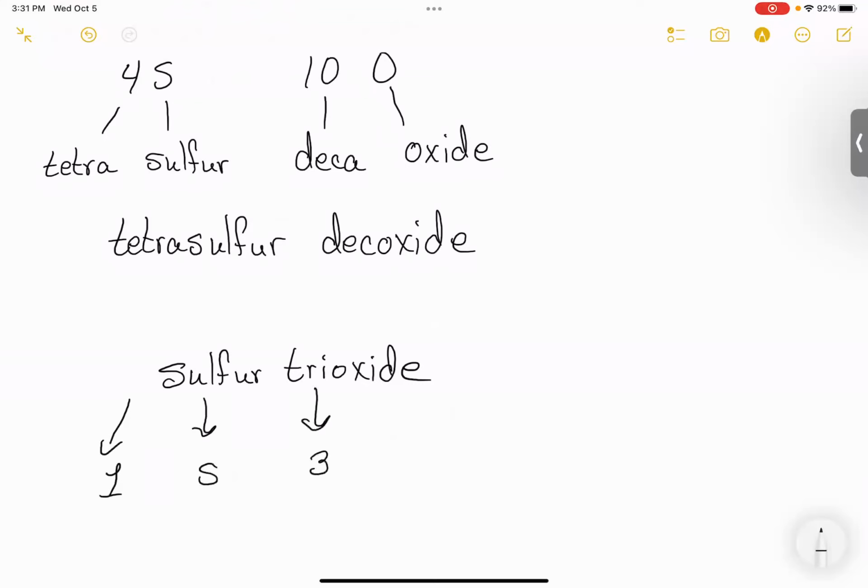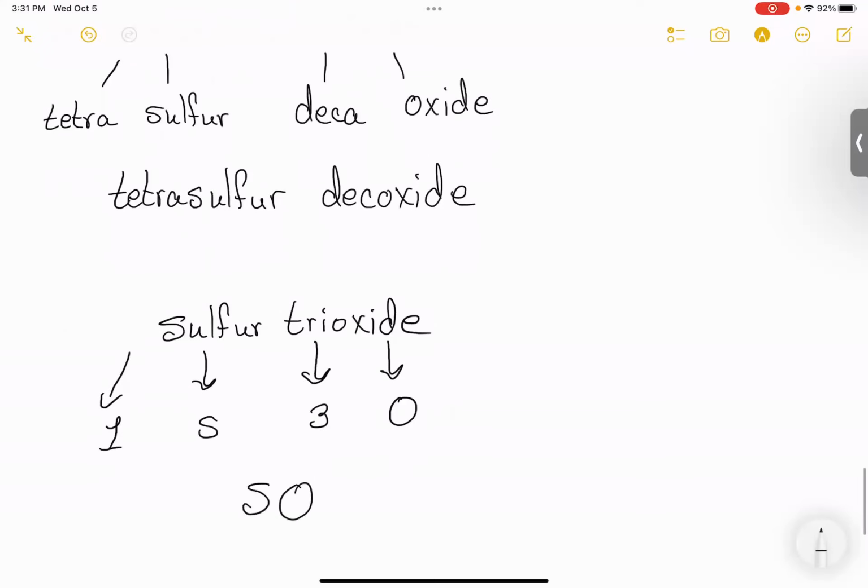Tri means 3 oxygen. So this one is SO3. Binary covalent molecules state what they mean and mean what they state. The key to it is knowing your prefixes.